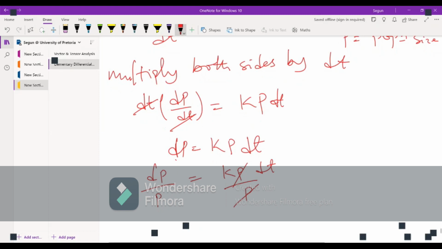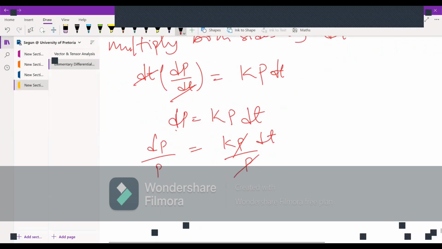At the end of the day, we have the integral of 1 over P dP equals the integral of k dt.